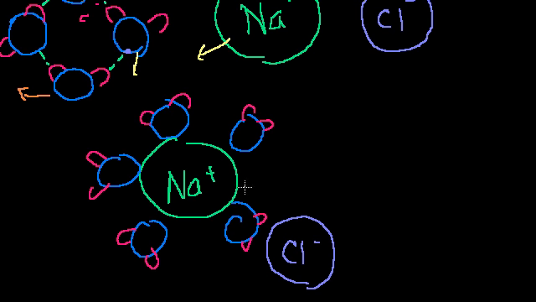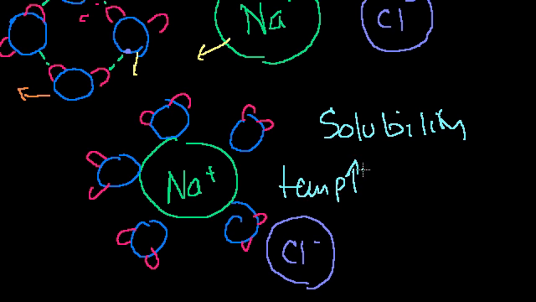So in general, if you think about the solubility of a solute in water, especially a solid solute like sodium chloride in a liquid solvent, then the higher the temperature of the liquid, the more of the solid you're going to be able to get into it, so you raise solubility. Temperature goes up, solubility goes up.